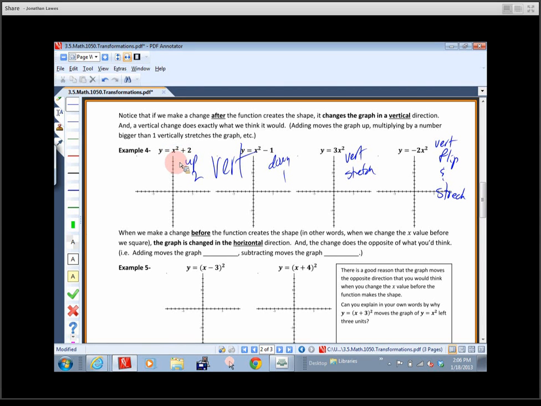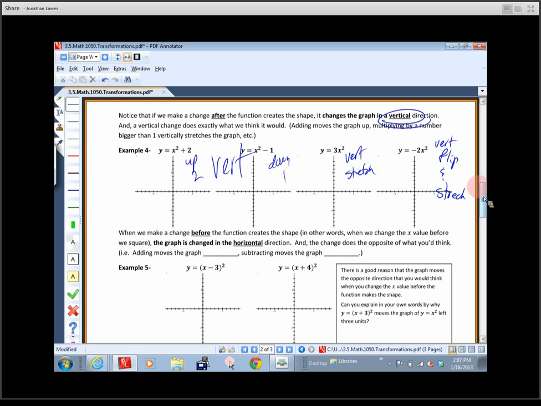Then if we either add or subtract or multiply it by a number, it's going to be a vertical change of some sort. So if we change it after we make the shape, then it changes it in a vertical direction. And it does exactly what you'd think. You would think that adding 2, if we're going to move it vertically, would be up 2, minus 1 would be down 1, and so forth.